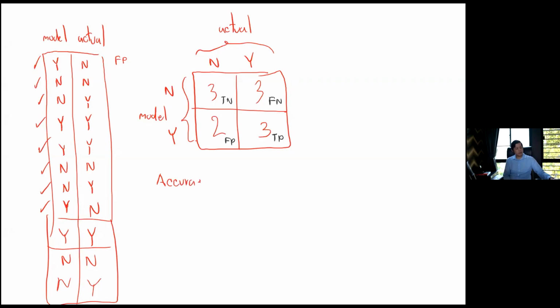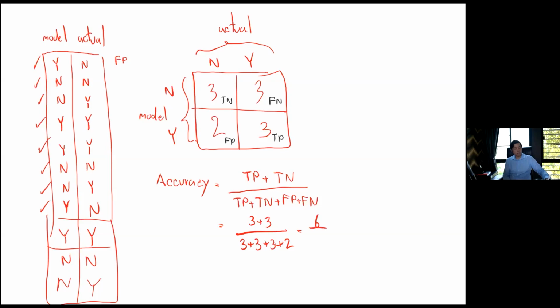The accuracy equals true positive plus true negative divided by true positive plus true negative plus false positive plus false negative, and that equals 3 plus 3 over 3 plus 3 plus 3 plus 2, and that is 6 over 11. Okay, that is the accuracy measurement.